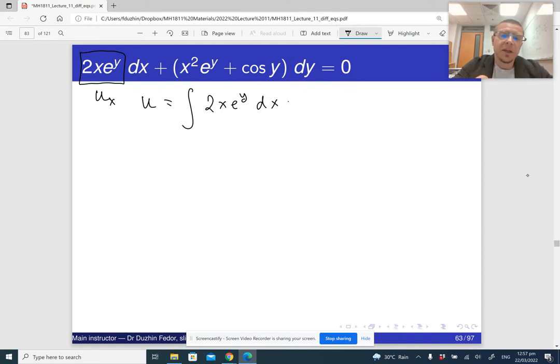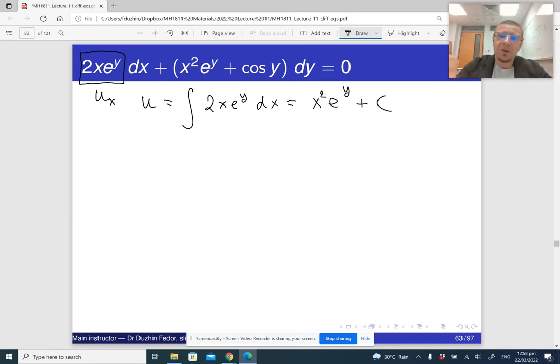Integrating this with respect to x, I will get x squared e to the y plus some constant. Well, if you had a function of just one variable, then you would stop here. But we have a function of two variables, right? And strictly speaking, for different values of y, my constant could be different.